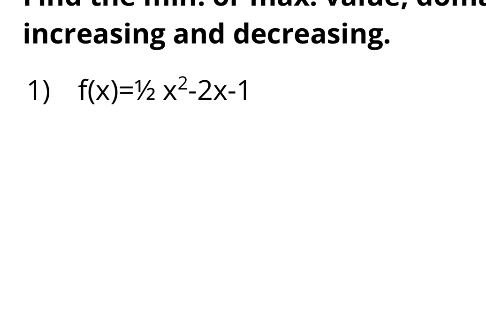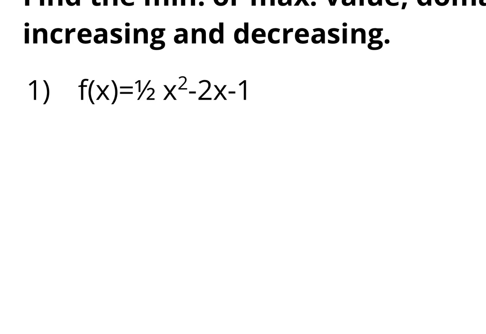And graph it. From there, we go two different ways to find our minimum, depending on what calculator you have. If you have a Casio, you're going to be hitting F5, which is G-solve. And depending on what we need, a min or a max, we'll choose F2 or F3.